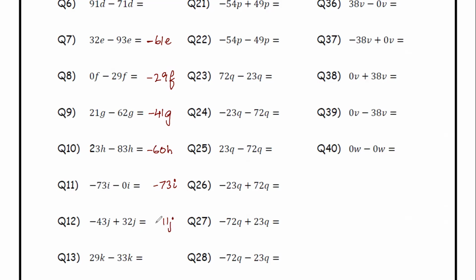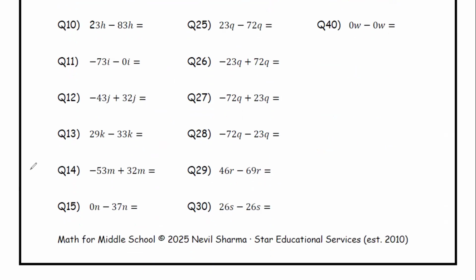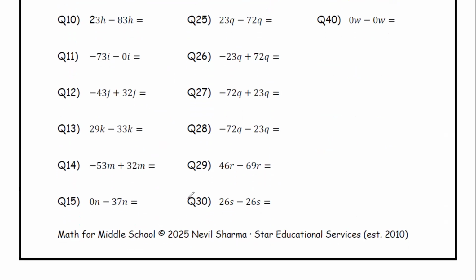Negative 11J. That is negative 4K. Went on to 14th. Okay, so that is negative 21M, negative 37N.